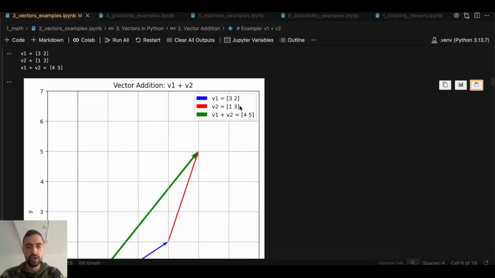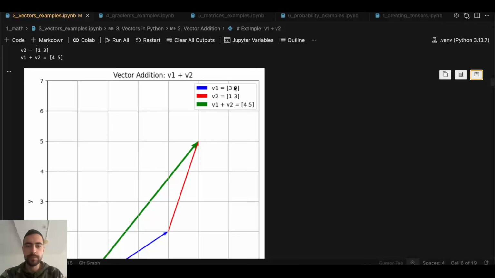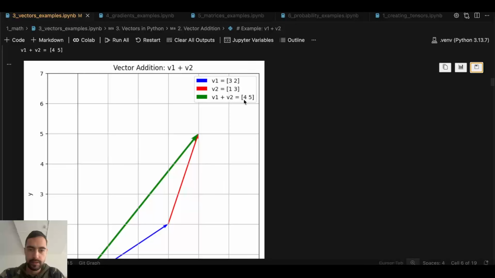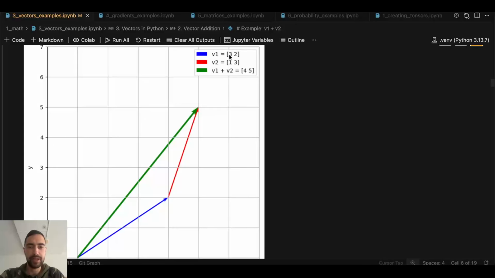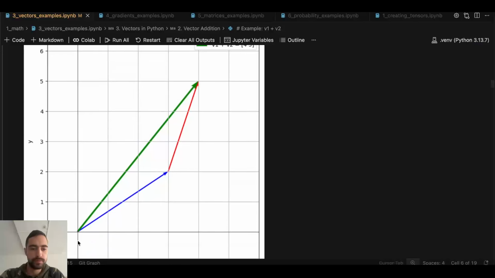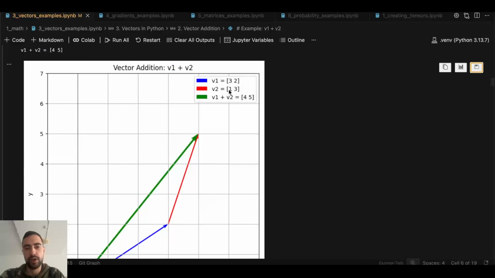Then let's look at vector addition. If you have vector 3, 2 and vector 1, 3, if you add them, you add the first elements, 3 plus 1, which is 4, and the second elements, 2 plus 3, which is 5. We can also add vectors visually, starting from the first vector 3, 2, going from 0 to 3, 2, and the second vector 1, 3.